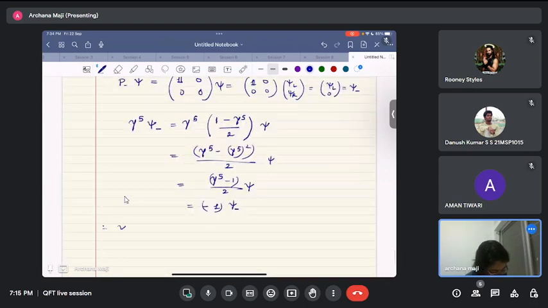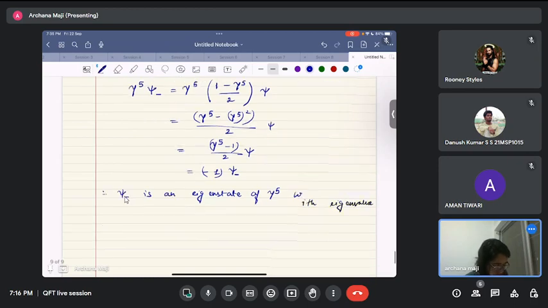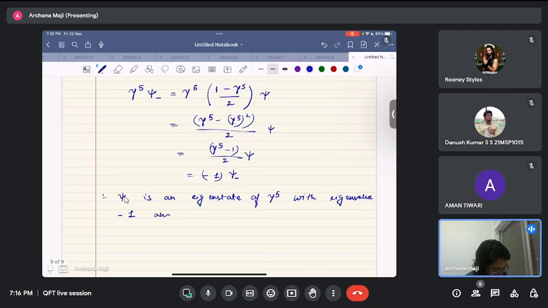So psi minus is an eigenstate of gamma 5 with eigenvalue minus 1, and this is called the left-handed spinor.